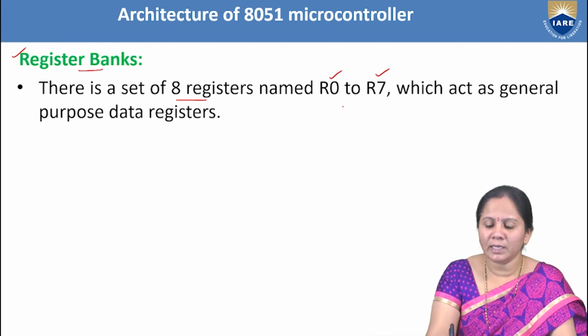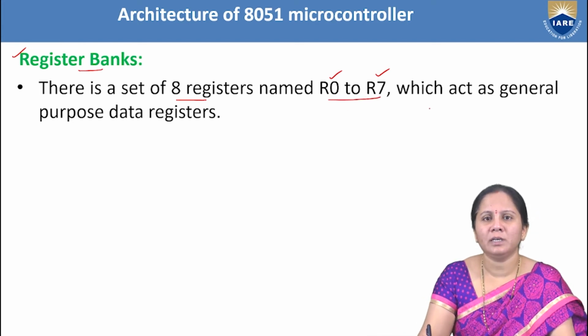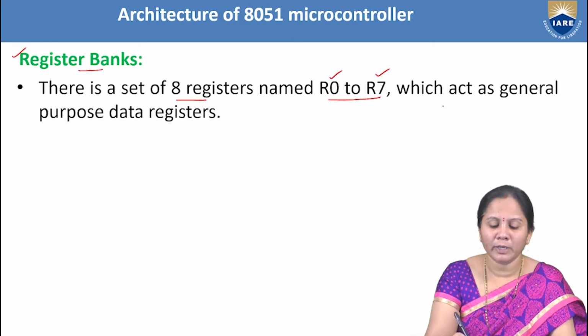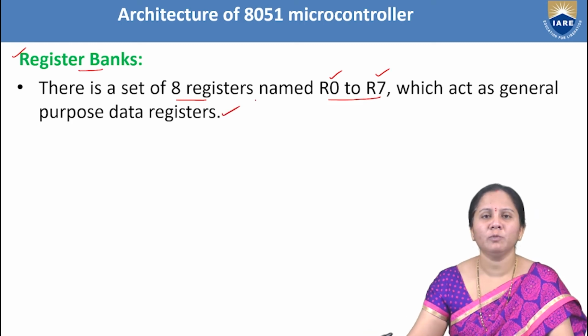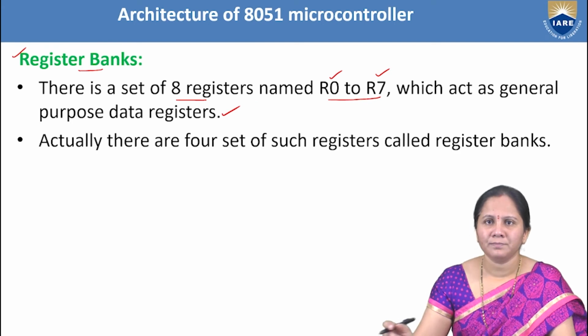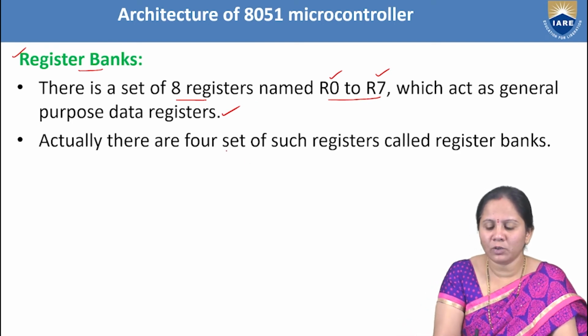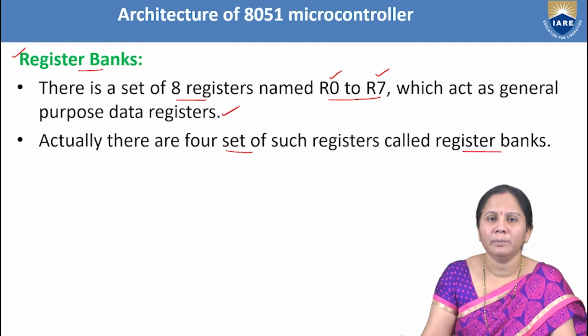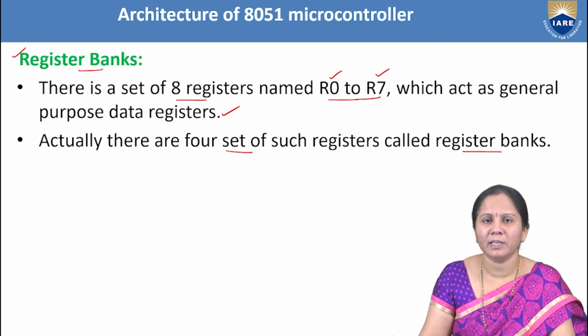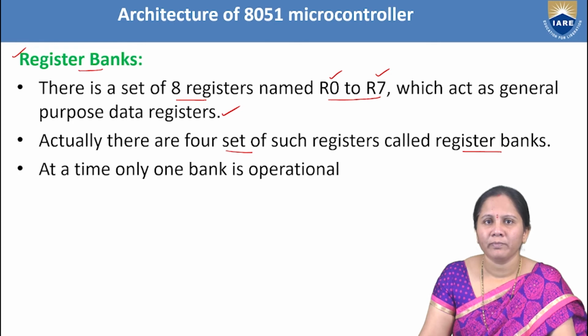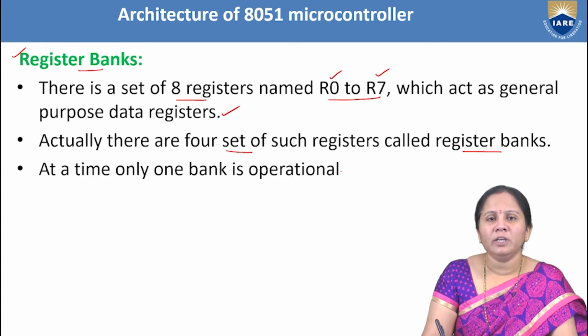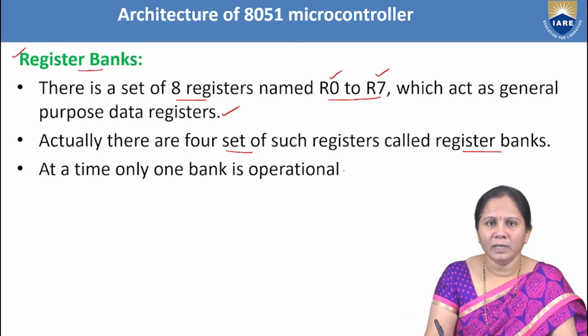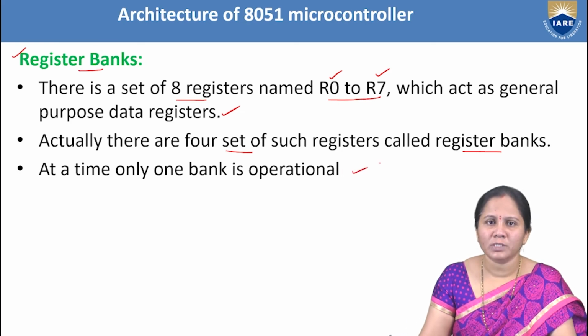These 8 registers present in the register banks can be used as simple general purpose data registers. Though there are 4 register banks available, at a time only one bank can be used.